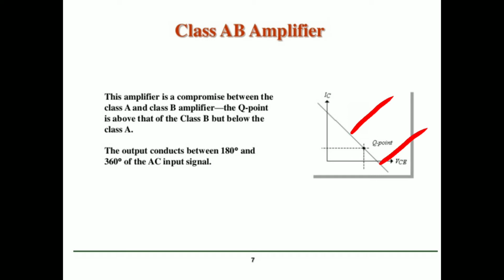But here in the class AB amplifier, the Q point is lying in between these two, just above the cutoff region. If we use such biasing, the transistors will conduct between 180 degree to 360 degrees of the AC input signal.